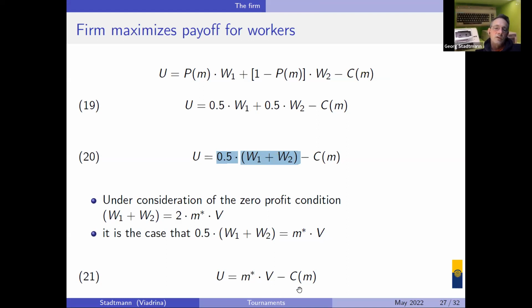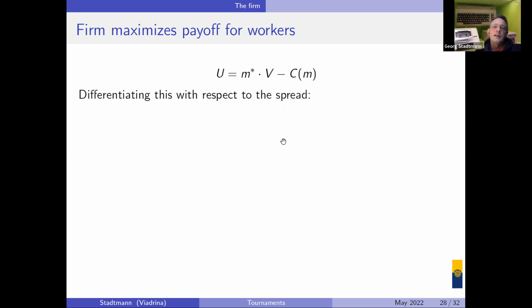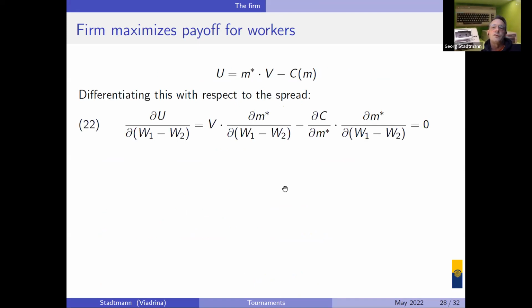Then we get to this utility function, and we can differentiate this utility function with respect to the spread W1 minus W2, and we get V times del M del W1 minus W2 minus del C del M del W1 minus W2 has to be equal to 0.